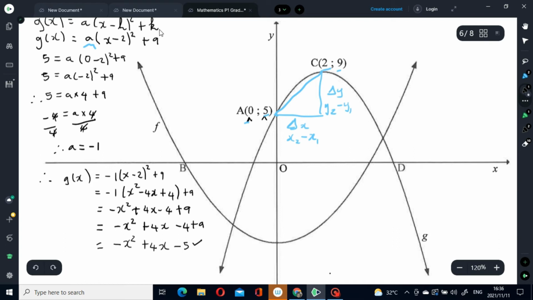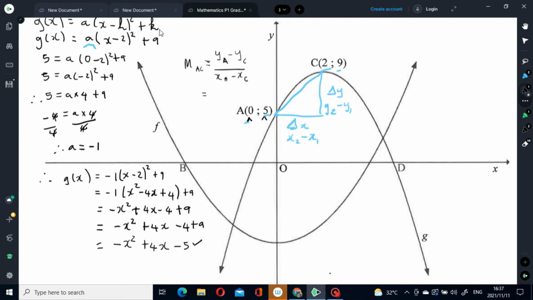We can use the gradient formula and just substitute those given points. So the gradient of the line AC is equal to y_A minus y_C over x_A minus x_C.